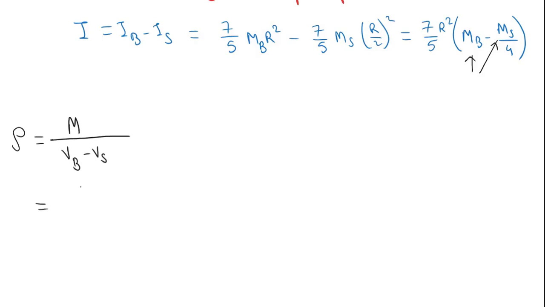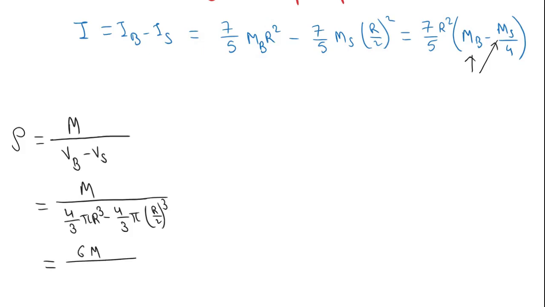So this gives us m divided by volume of bigger sphere will be 4 by 3 pi r cubed. Of the smaller sphere will be 4 by 3 pi r divided by 2 cubed. And on simplifying this, we get 6m divided by 7 pi r cubed.